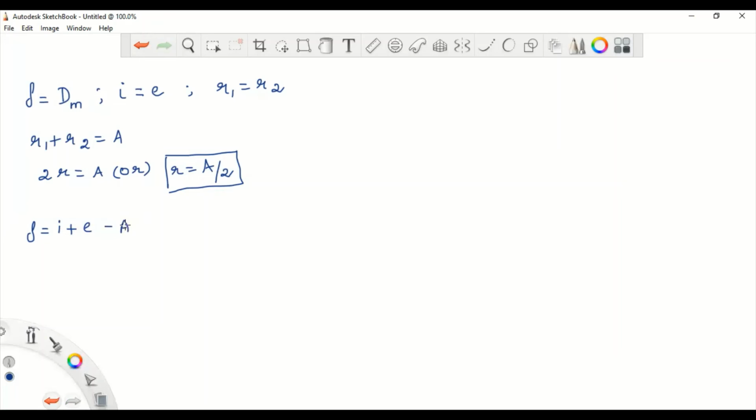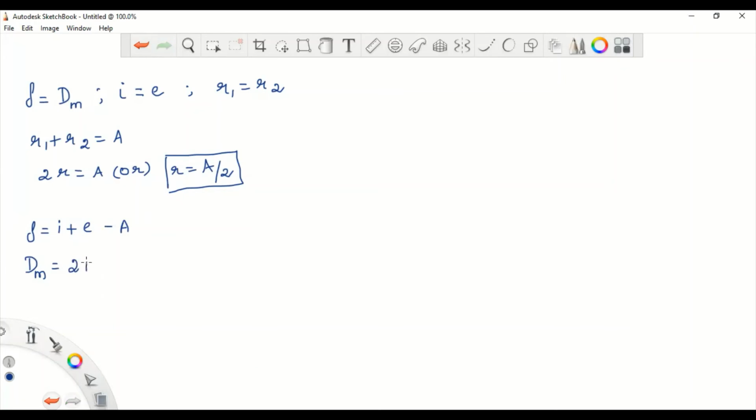We know pretty well that we have taken I is equal to E. So can you write it as this delta deviation will be taken as minimum deviation and this I is equal to E, right?